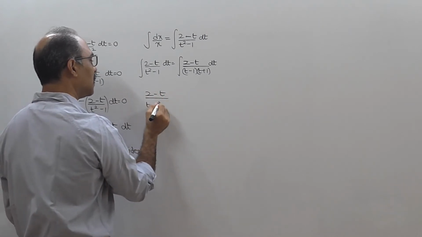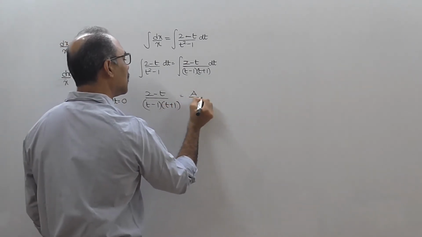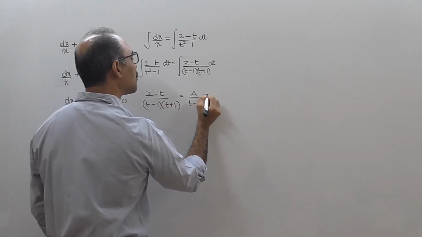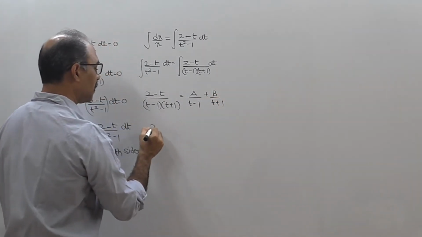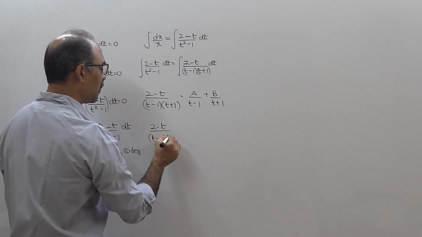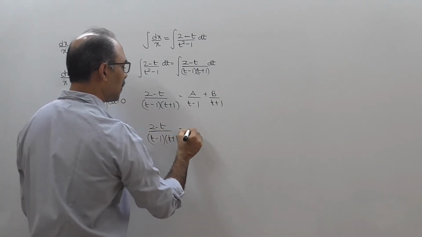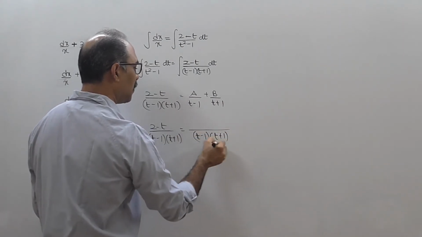2 minus t upon t minus 1 into t plus 1 is equal to a upon t minus 1 plus b upon t plus 1. So this is 2 minus t upon t minus 1 into t plus 1. I think we can take LCM as t minus 1 into t plus 1.